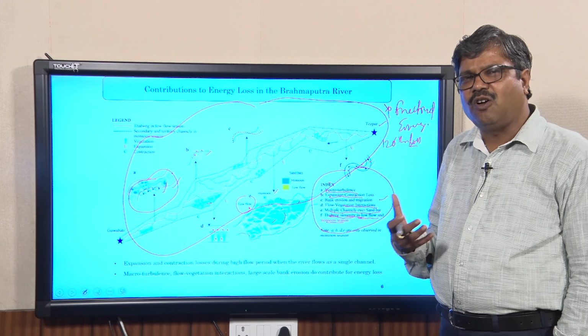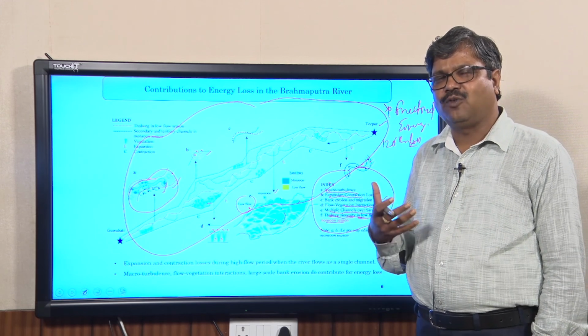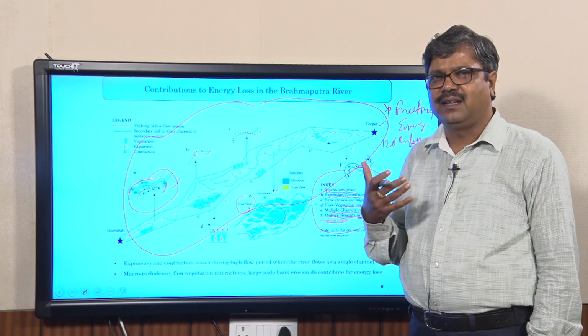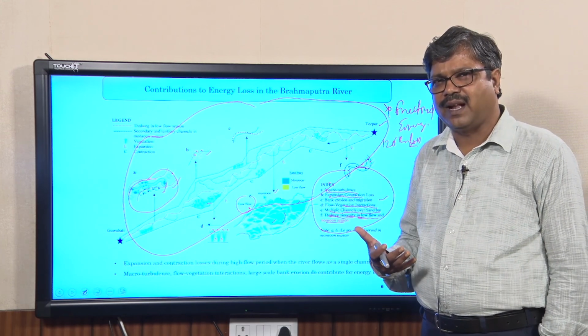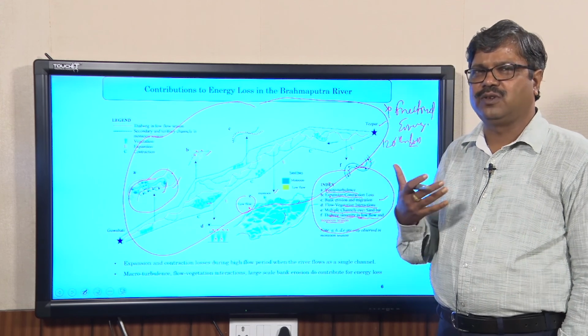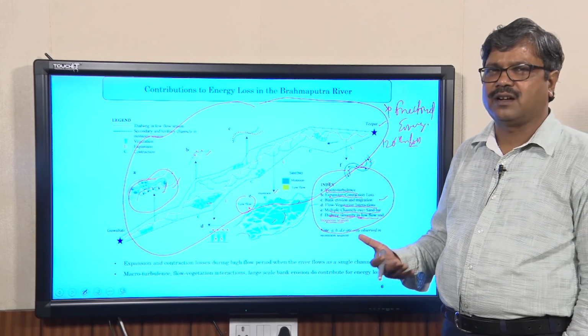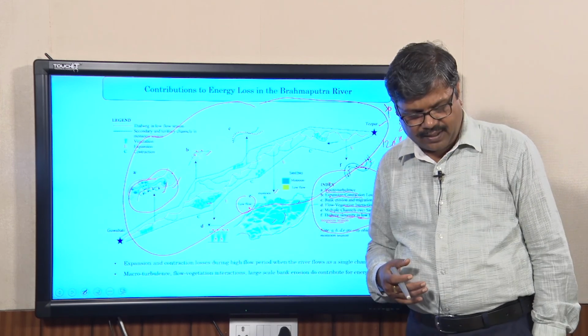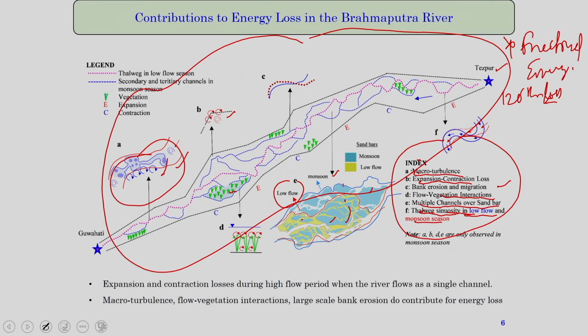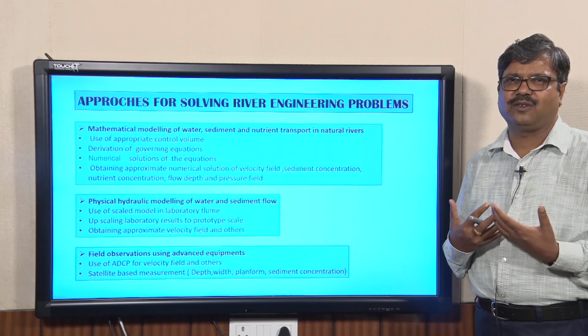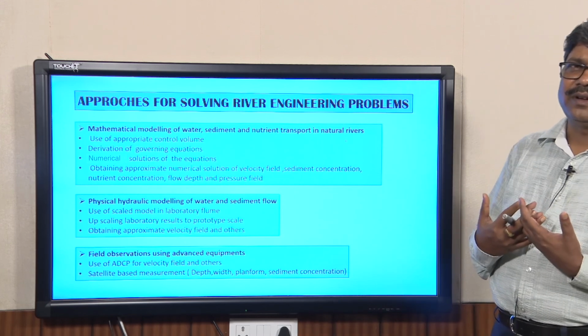All this knowledge we should have, to understand how a river does energy dissipation, sediment transport, and how its flow velocity, turbulent structures, depth and width behave. Let me go to the next slide, which says that when you have a complex river like the Brahmaputra, or any river, as a natural system, we should try to understand it and find solutions for that river.